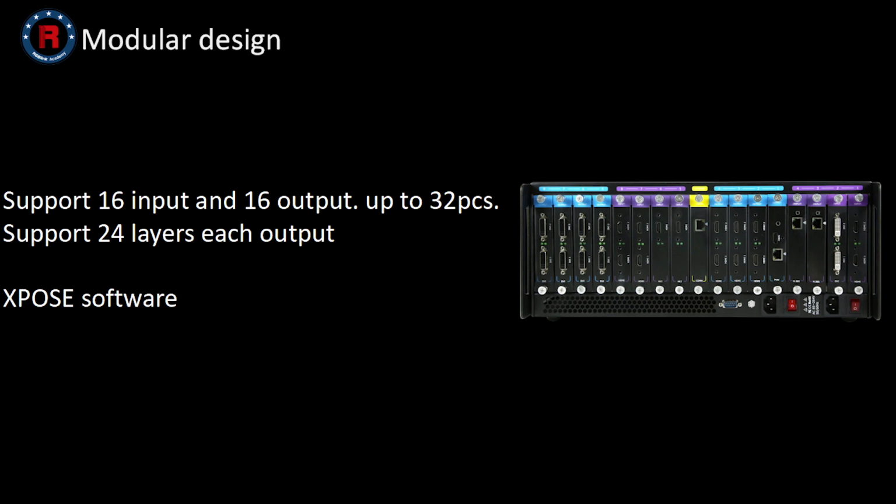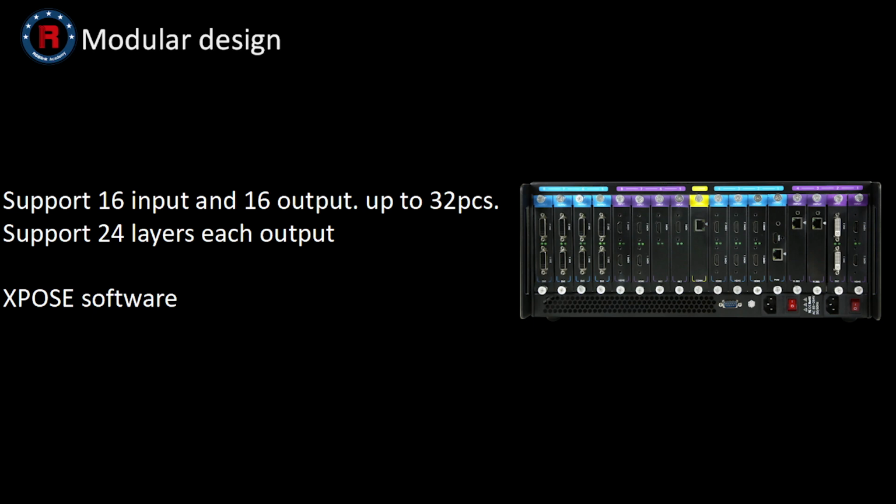The second most important information for Q series is multi-window, because it's the most important feature for the Q16. So it can support up to 24 layers each output. Please remember the quantity. 24 layers each output.